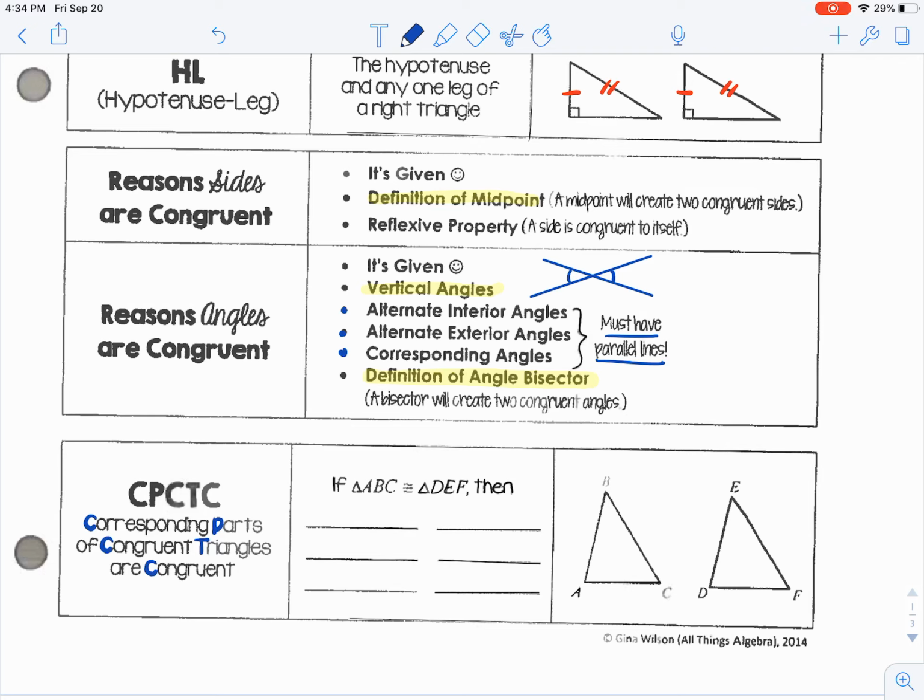So here, if triangle ABC is congruent to triangle DEF, then its corresponding angles are congruent. Let's look at which ones correspond.